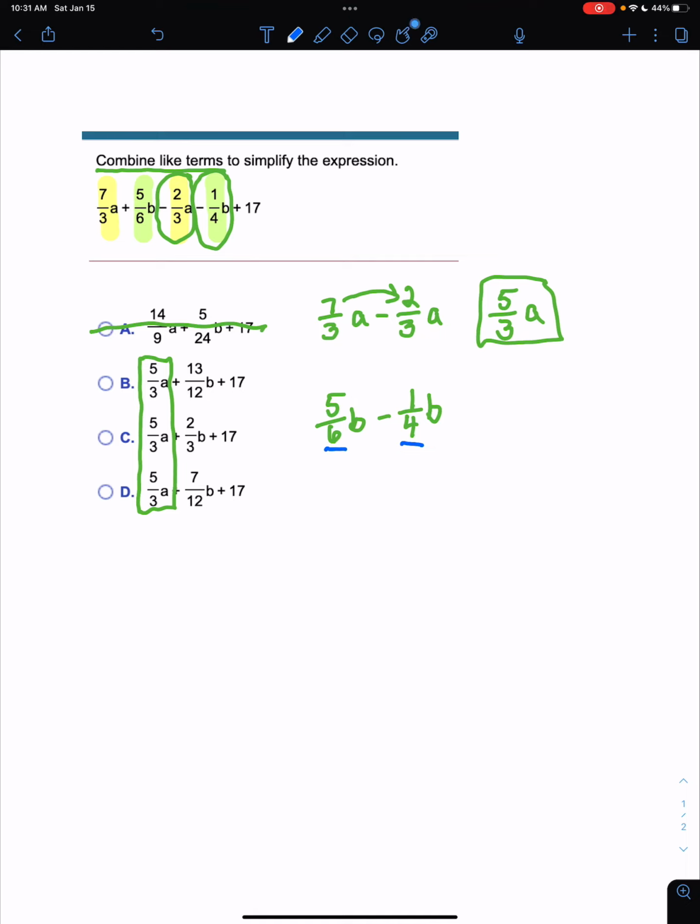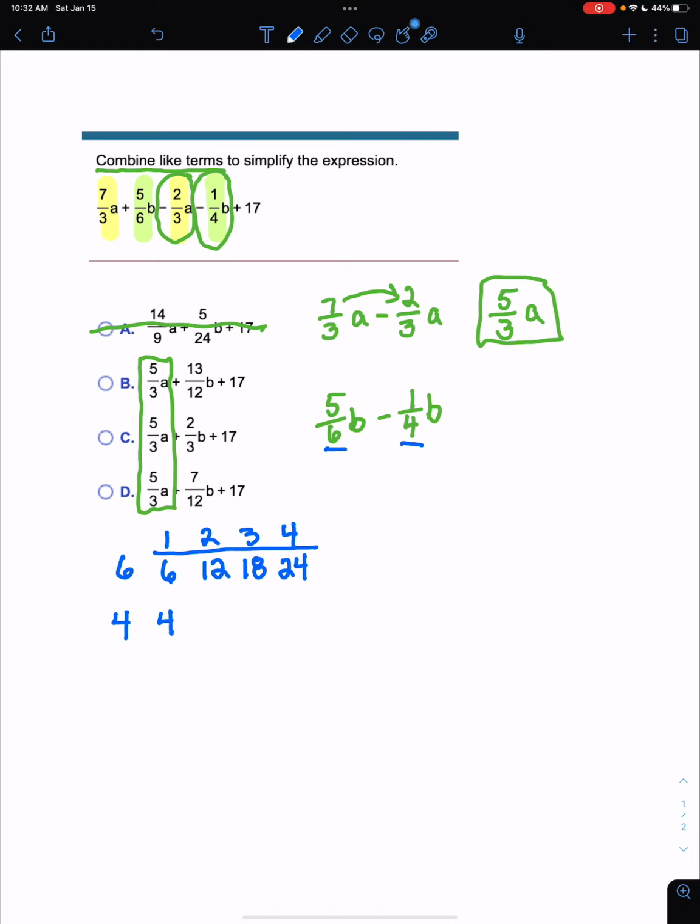So in this case, we need to find a common multiple of 6 and 4. So let's think about numbers that multiply times 6. We can have 1 times 6, 2 times 6, 3 times 6, 4 times 6. So that's 6, 12, 18, and 24.